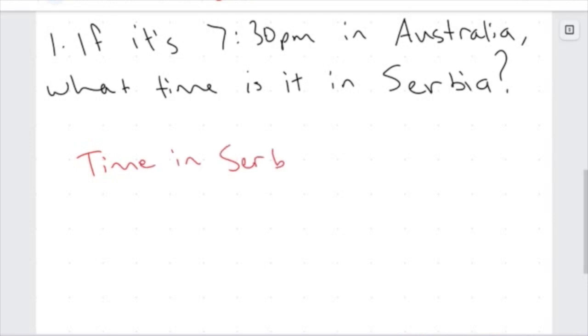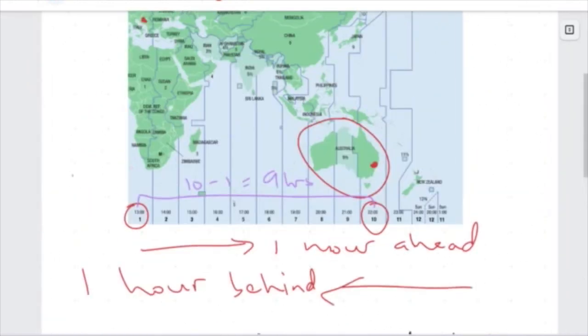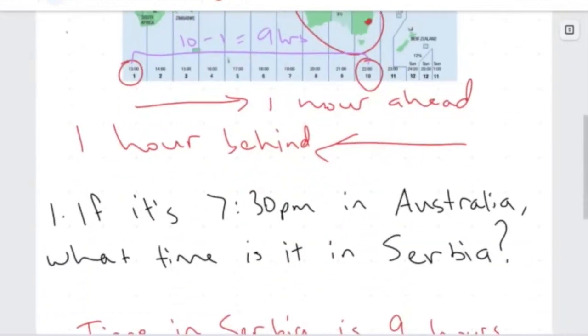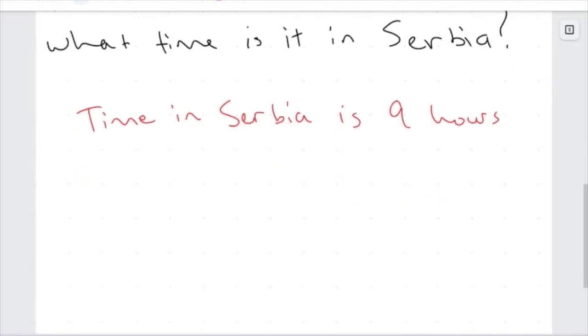in Serbia is 9 hours, and it's to the left of Australia on this map. So it's going to be 9 hours behind. So the time in Serbia is 9 hours behind Sydney in Australia.